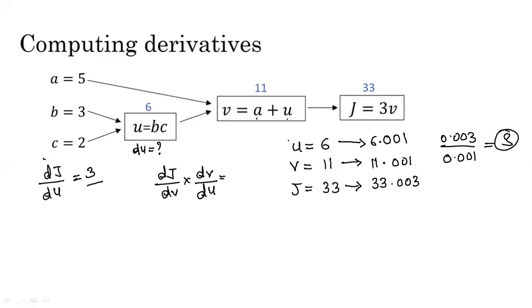So dj upon dv, we have already found out earlier, was equal to 3. You can take it from these two equations also. And what is dv upon du? dv upon du is equal to 1, and that comes out to be equal to 3. So using this chain rule also, you can find the derivative of this function.